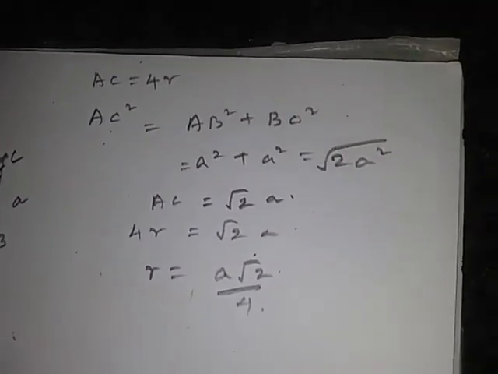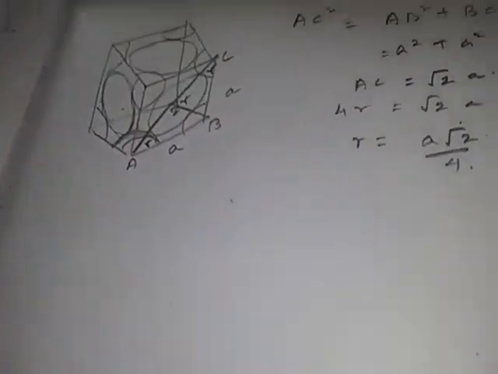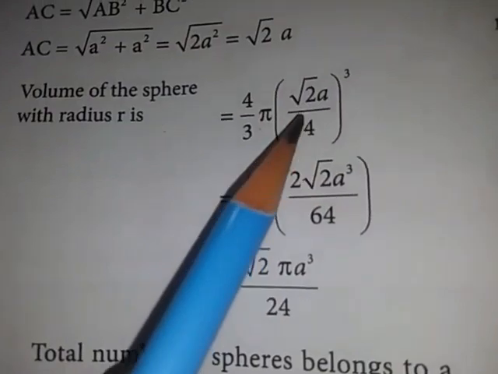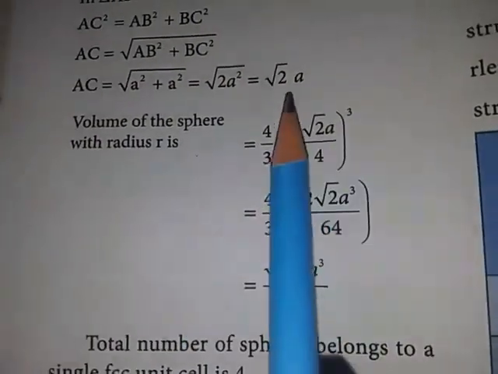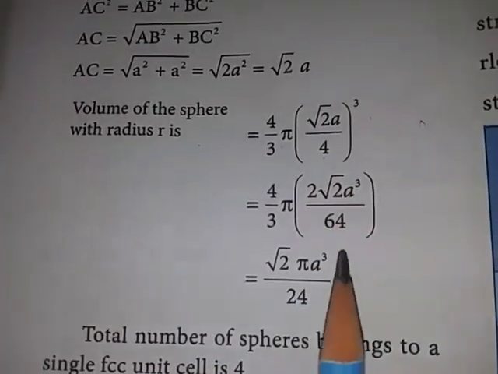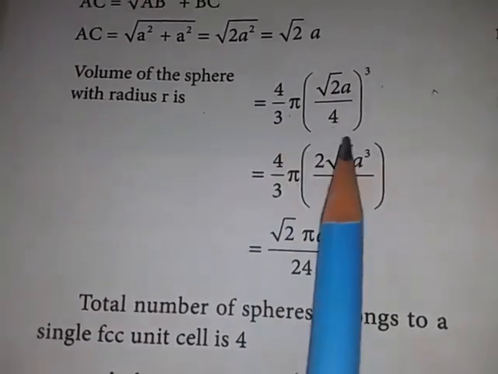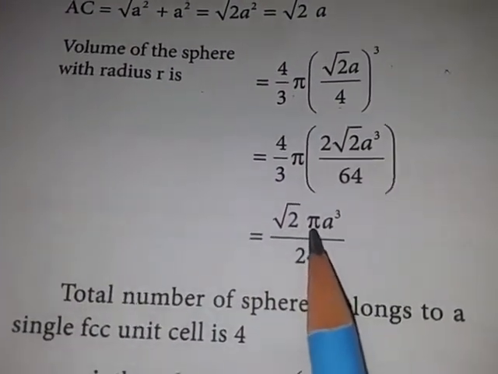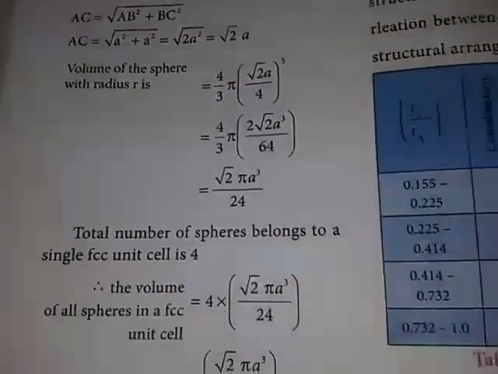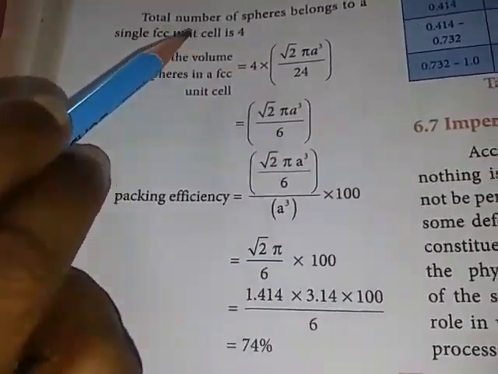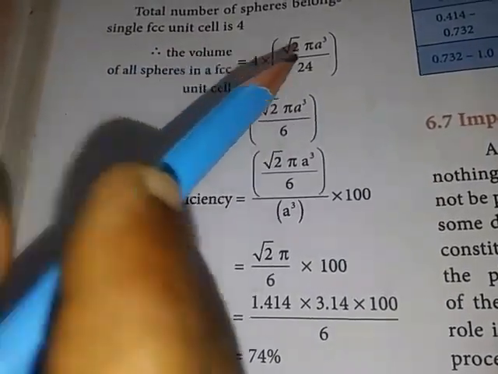Now the volume of the sphere with radius R equals 4 by 3 pi R cube. The value of R is square root 2A by 4, the whole cube. When you substitute the R value here, it becomes equal to square root 2 pi A cube by 24. And we know the total number of spheres present in a single FCC unit cell is 4.